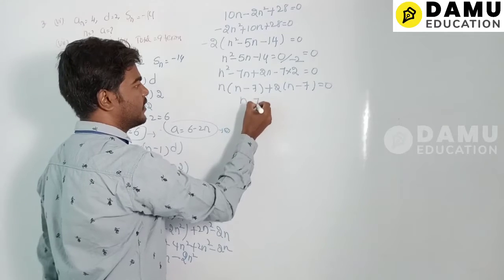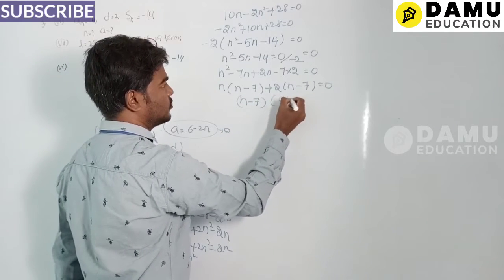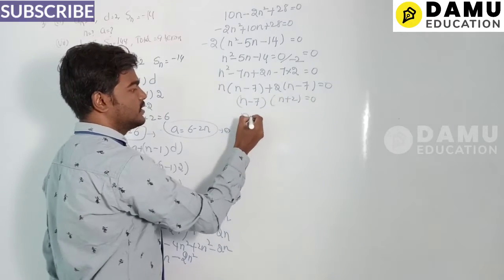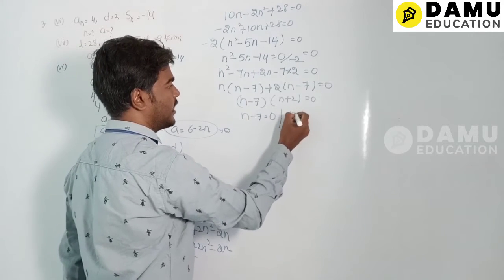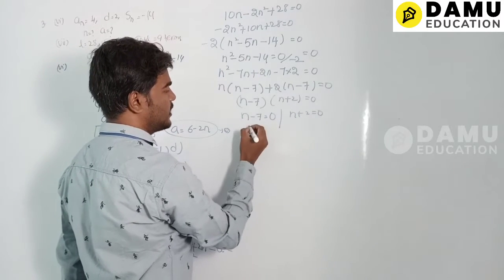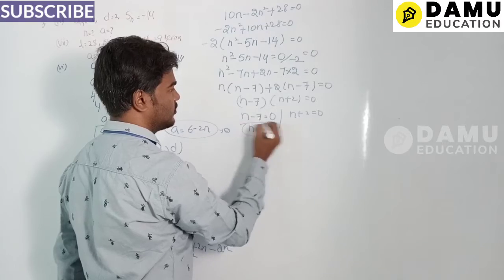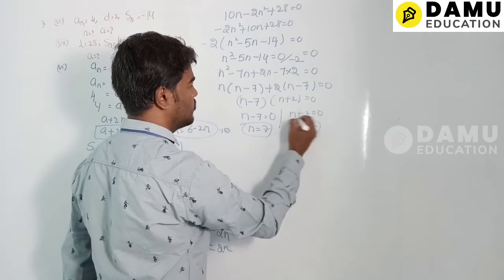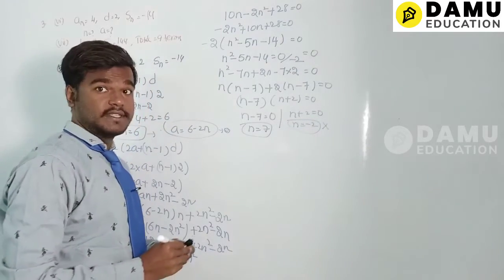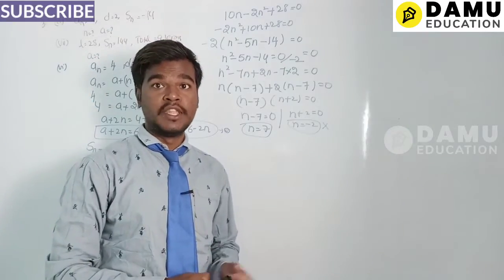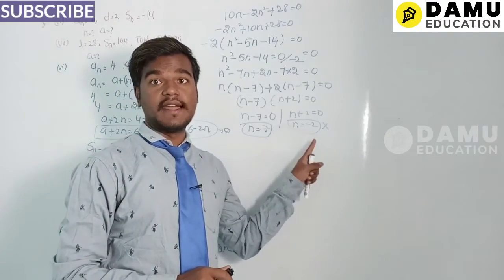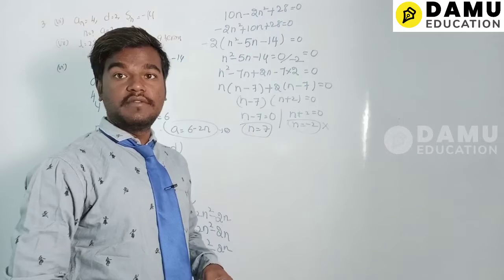So n minus 7, then n plus 2. So n minus 7 will be equal to 0 or n plus 2 will be equal to 0. Then n will be equal to 7. Then n will be equal to minus 2. So minus 2 we should not take. Why? Because negative integers are not allowed here. So we should not take n equals minus 2. Then n equals 7 only we have to take.